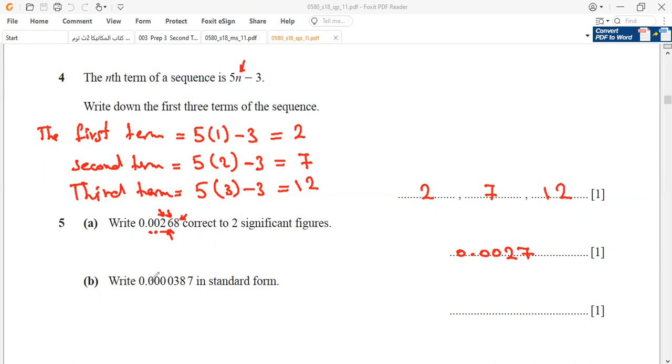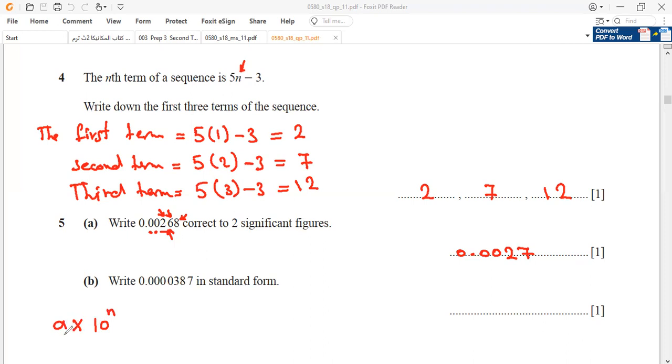In part B, write 0.0000387 in standard form. Standard form, we know, is written in the form A multiplied by 10 to the power of any integer, positive or negative.